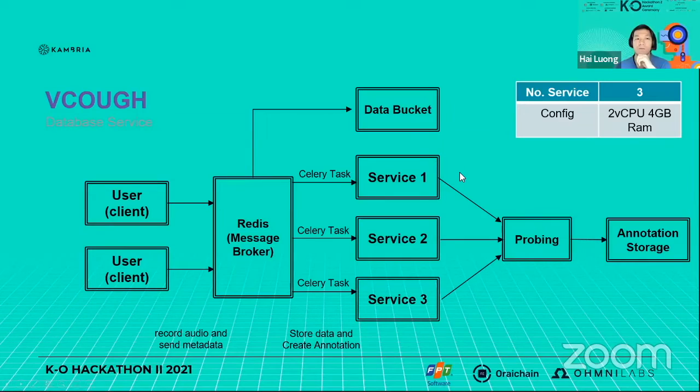You have just talked about metadata. What exactly do you include in that metadata? The metadata is the data of the user, such as the username, their full name, the identity card ID. Yes, that's just the basic information of the user, in order to store the data in the database.